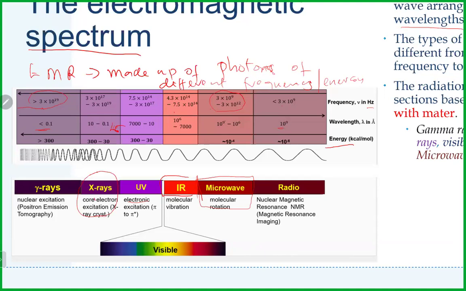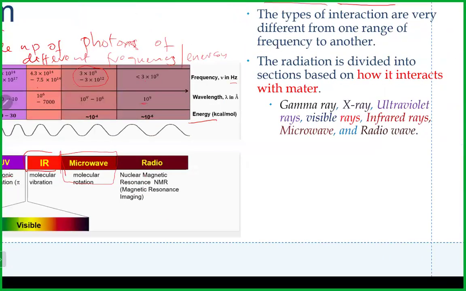And the moment you start exciting core electrons, you are probably going to cause several chemical reactions that you don't want to take place. That explains why it is often not advised to stay long in X-rays. And then in the low energy region, it only excites the nuclear motions, nuclear spinning motion.